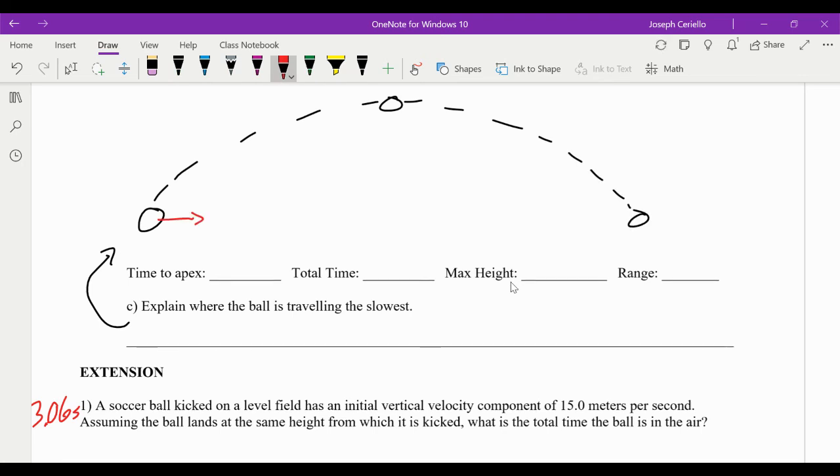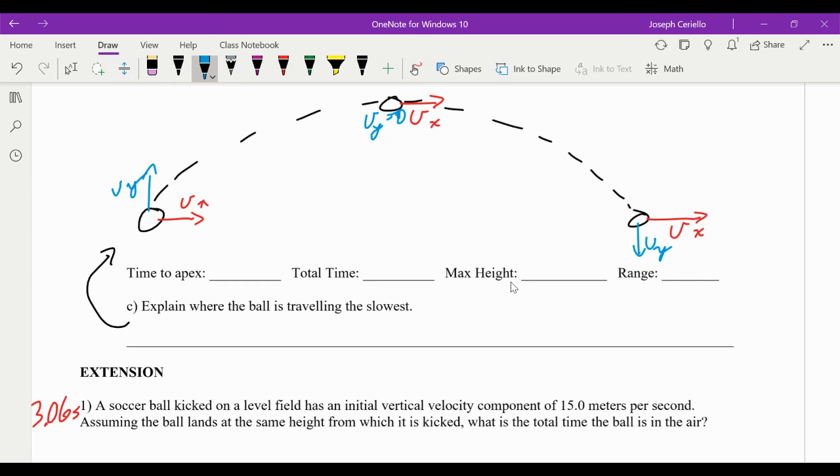It has Vx here, right? Vx doesn't change. Vx is always a constant number. Forget what the number is. It doesn't matter, but Vx is a number. And we have Vy when it's thrown up. But realize that Vy up here is equal to 0. And Vy is down here. It's going down. Okay, so where is it traveling the slowest? Think about this. Look at this picture. Where is it traveling the slowest?